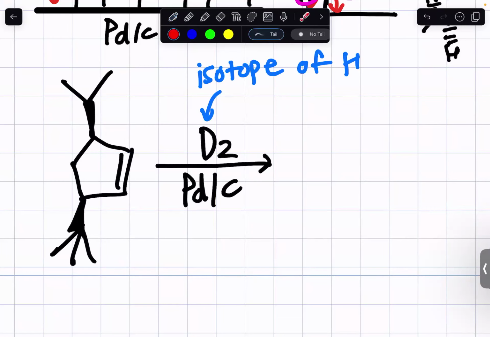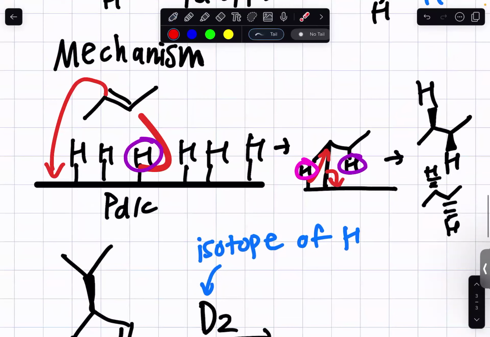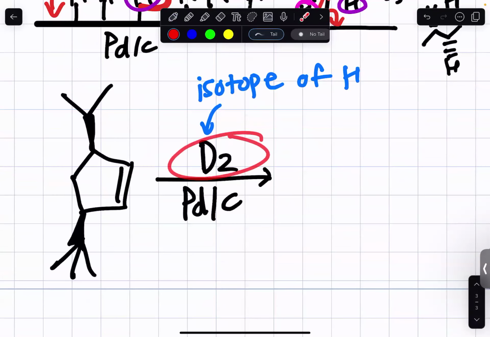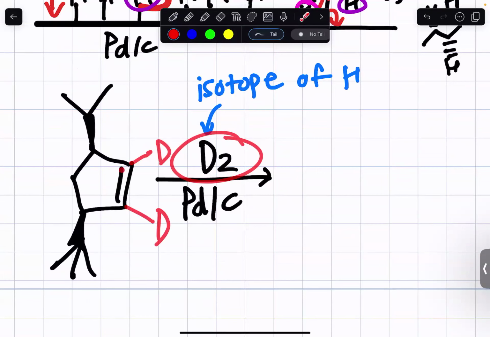For these products, you could just draw the product without drawing in the hydrogens because hydrogens are invisible. They are optional to draw out. When you have D2 here, you have to actually draw out that D. You can't make that invisible. So one D is gonna attach to this carbon, the other D is gonna attach to that carbon, and we get rid of that alkene.